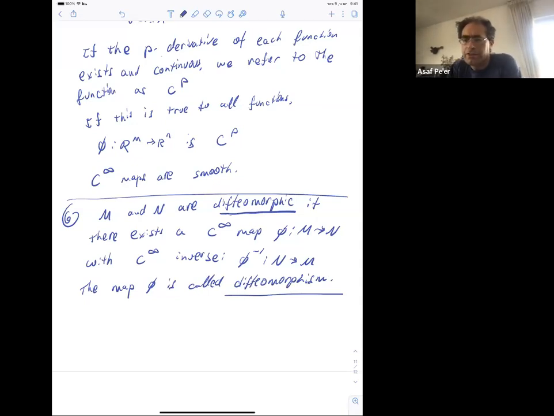So did you encounter this concept of diffeomorphism between two sets? I'm sure you've heard the word. This is what it means: I have two sets, and there exists a map which is continuous, nicely smooth, and it also has an inverse, which necessarily means it has to be one-to-one and onto.